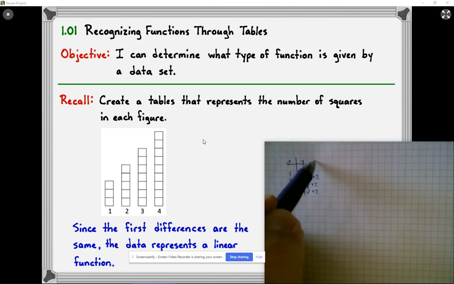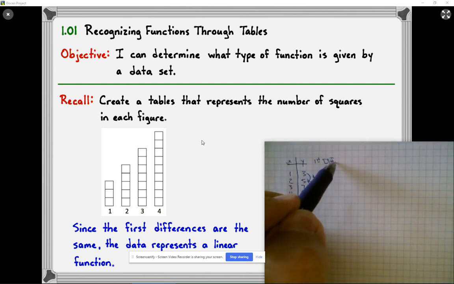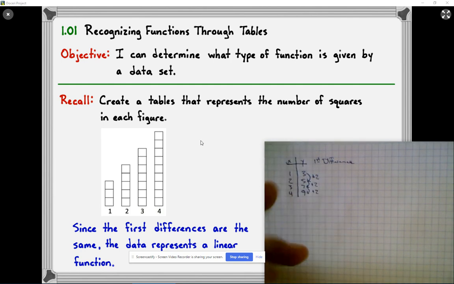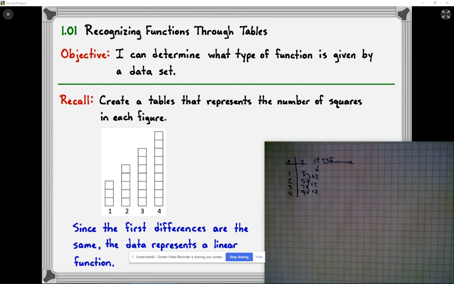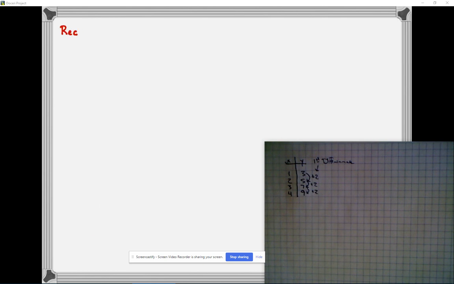This is called the first difference. If the first differences are the same, this is a linear function. As I stated here, it represents a linear function because the first differences are the same. And that's something that you should have recalled from last year.